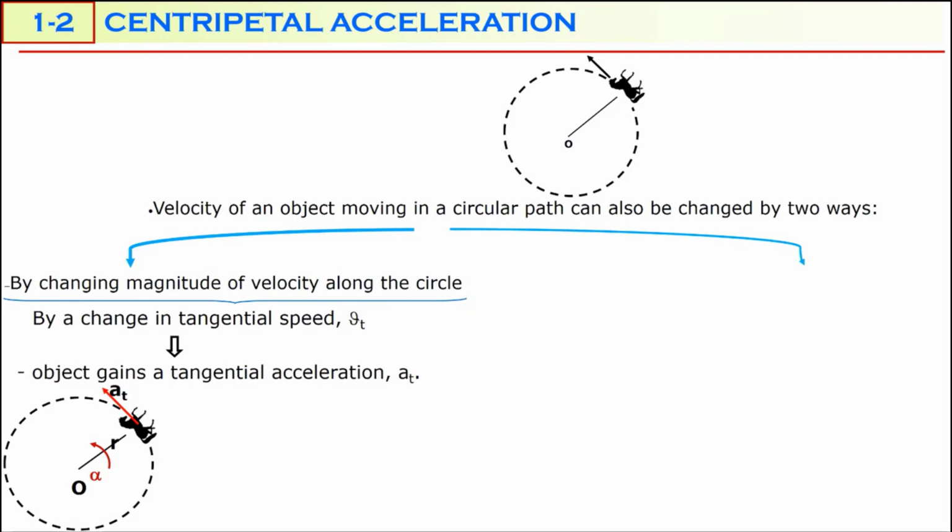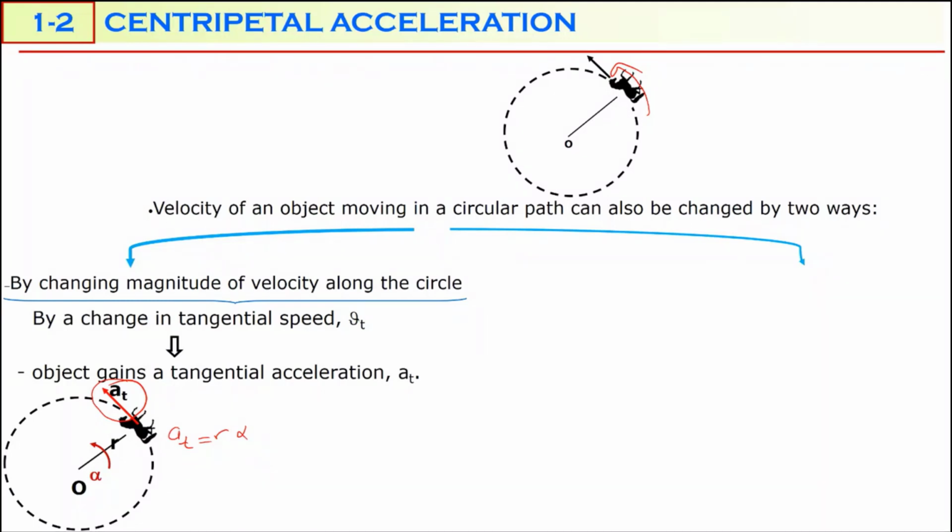We learned about that in the first title today. So the horse speeds up or slows down along this circular path, and remember, we got the equation for tangential acceleration as r times angular acceleration. We already did this.